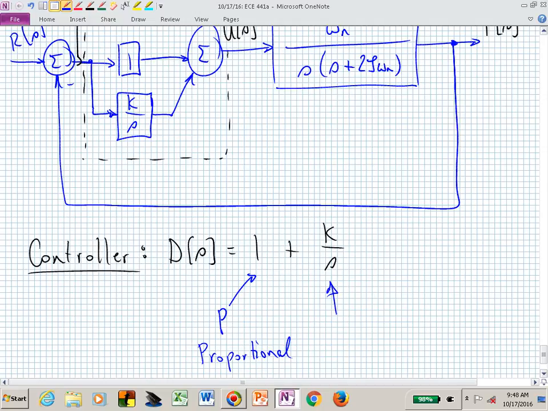Or dividing by S? What if you multiplied a polynomial by S, what are you doing in the frequency domain? You're differentiating, aren't you? So dividing by S, you're integrating. So this is actually an integrator, an I term.